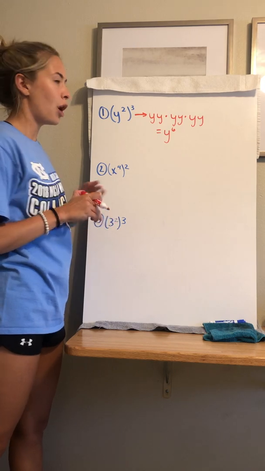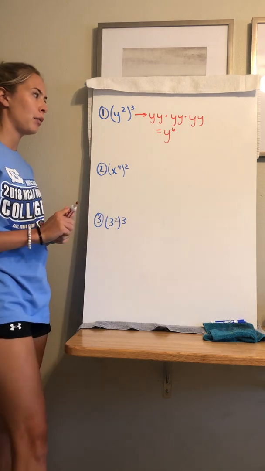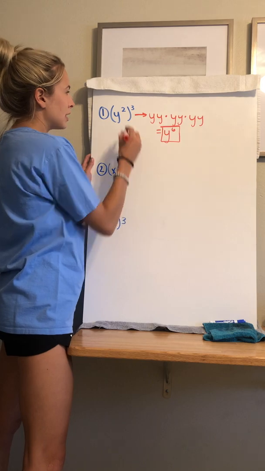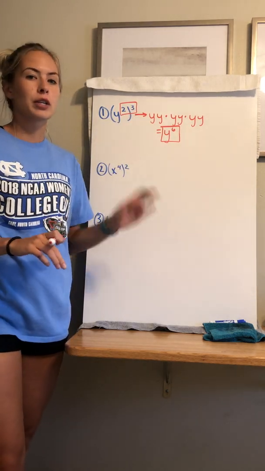But knowing this, we're going to try to create our rule. I want you to take a look at this, specifically the exponent, and see how it relates to the exponents from our original expression.